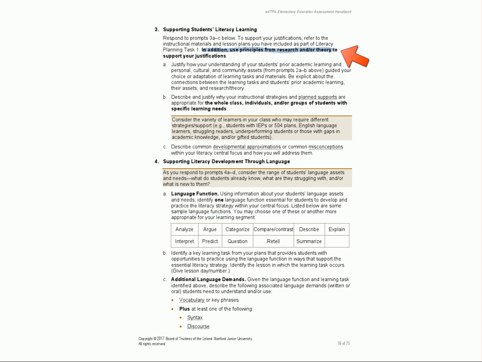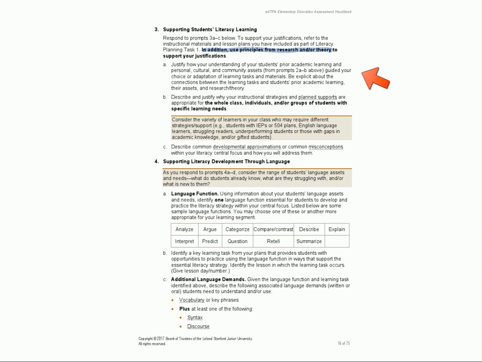A lot about the planning task is stating why your plans are appropriate for your kids. One way to think about that is why it's appropriate for your kids based on who they are. The other way to think about it is why are your plans appropriate based on research and theory about the content or about pedagogy. All right?